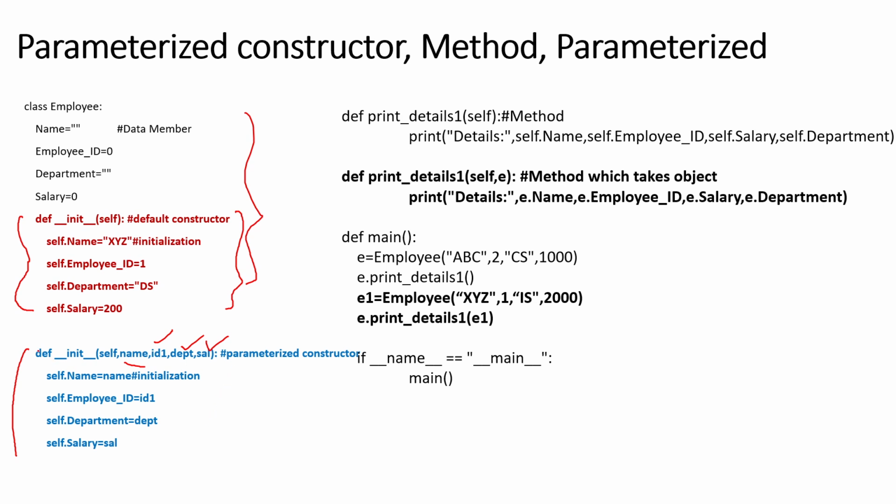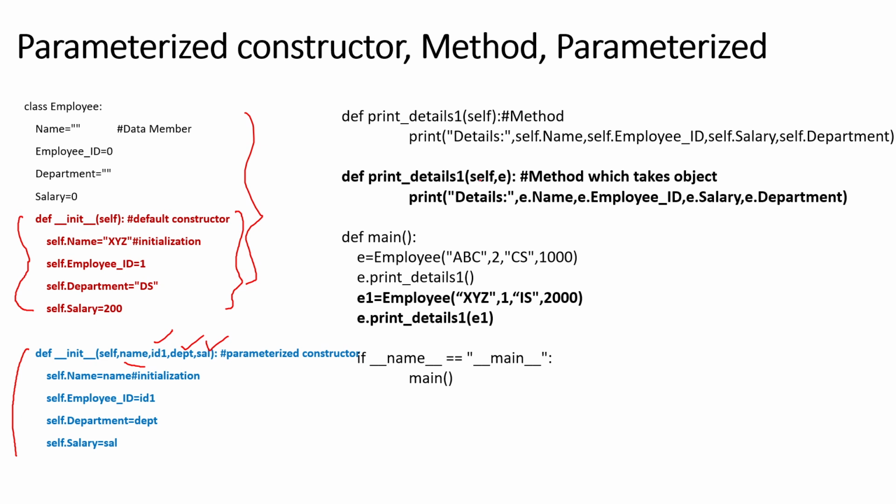One special observation from the previous is this parameterized constructor, and in the same way, the parameterized method. In the previous case, we used self, that is this only. Here I am going to display some other object's details.